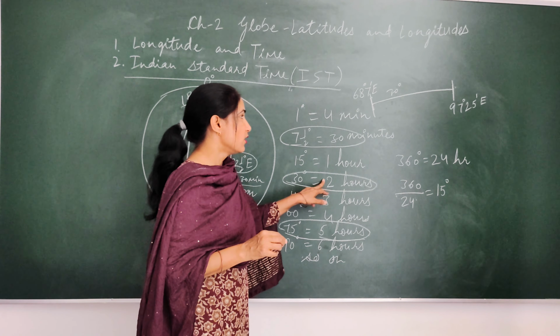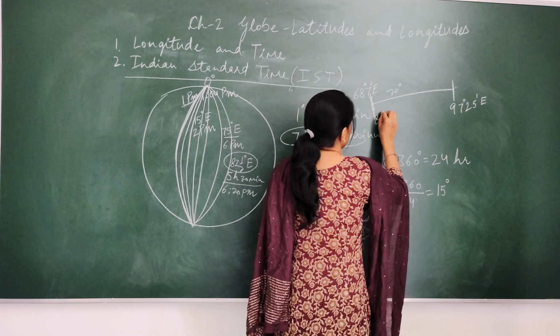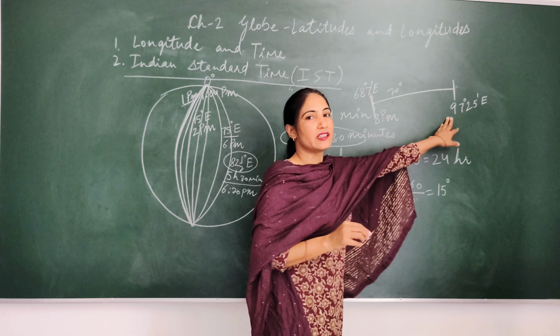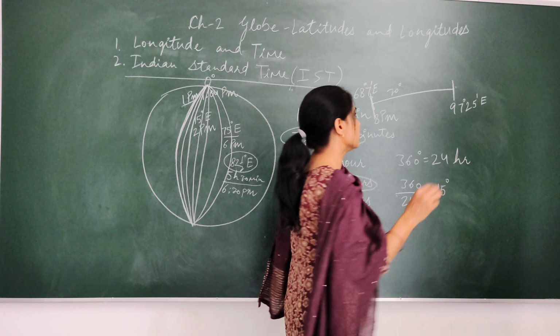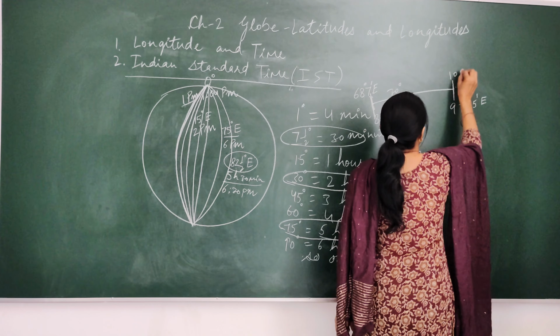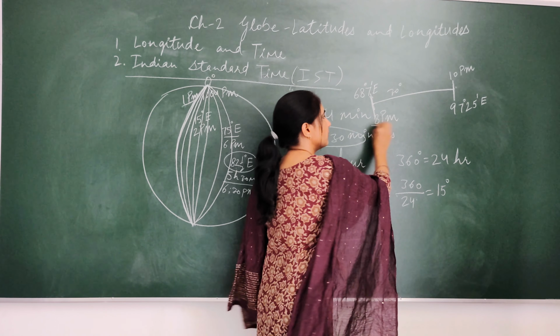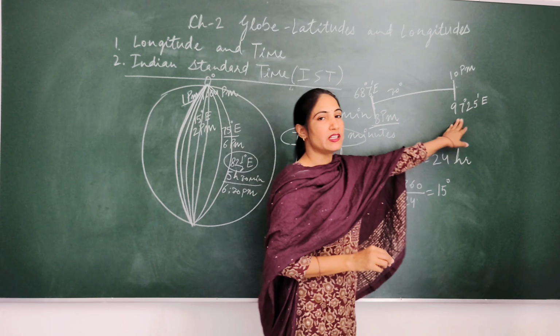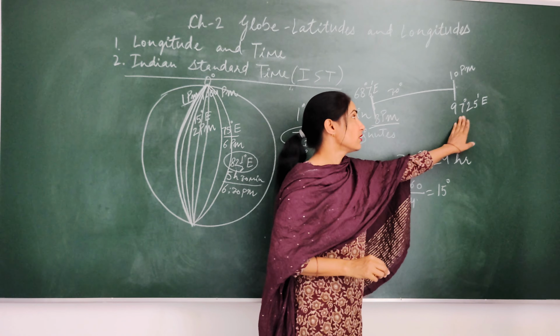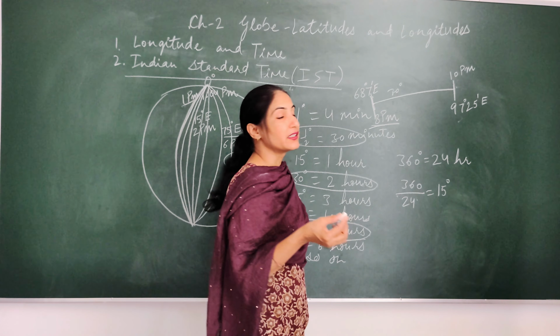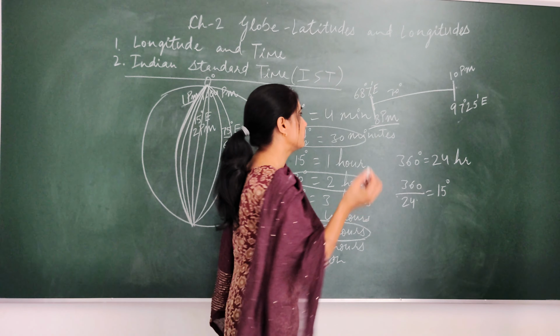So if the time at 68 degrees 7 minutes east is 8 p.m., then at 97 degrees 25 minutes east the time will be 10 p.m. Here the time is 8 p.m. and at 97 degrees 25 minutes east it will be 10 p.m. It would create confusion for setting the time for trains, etc.